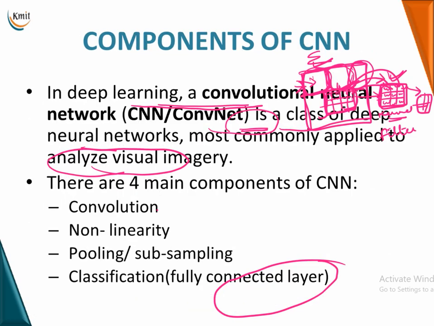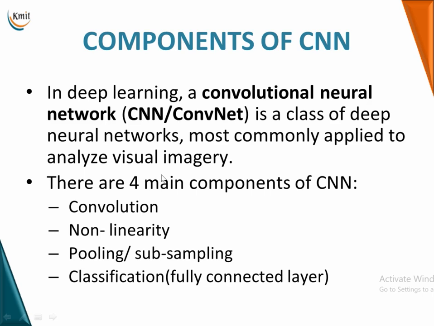Now, what exactly is a convolutional neural network, or a convnet, or a CNN? In deep learning, it is a class of deep neural network which is commonly applied to analyze visual imagery. So whenever you are working with an image dataset, with images as your inputs, then definitely you are going to design a CNN if you want to analyze it. There are four major components of CNN.